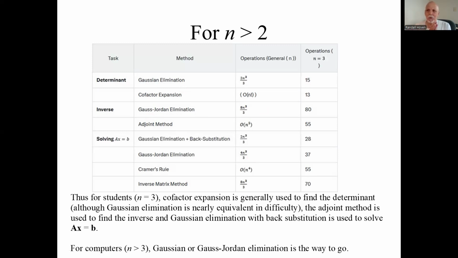So we use one method for computers and a different method for you students, because you're normally just doing 2 by 2s or 3 by 3s that you'll do in your subsequent courses. But really, the workhorse, when the computers do it, they're going to be using Gaussian elimination of some kind or other. And that ends chapter 4 of my course on linear algebra.